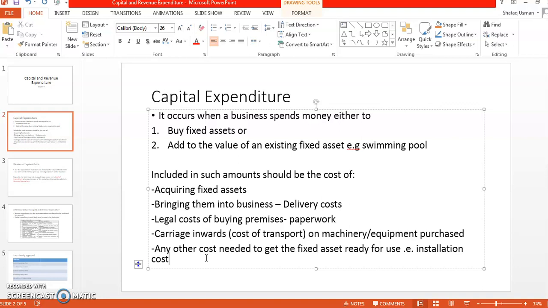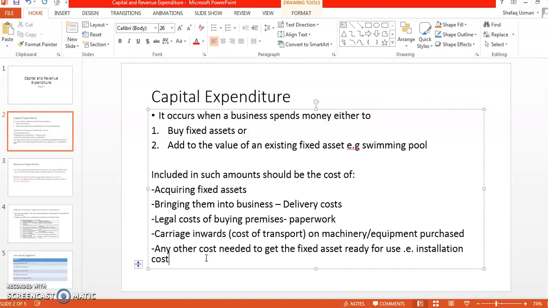Why do we say these are included in the cost? Because what you are paying upfront in the acquisition of a new asset, all of those costs will be called capital expenditure. Moreover, this happens in your daily life as well.